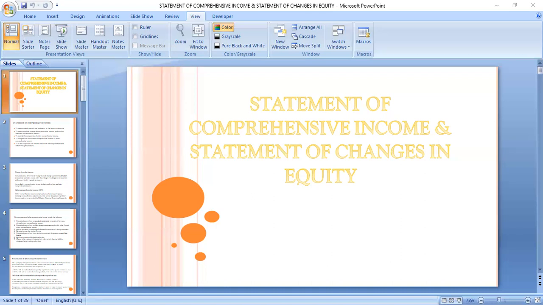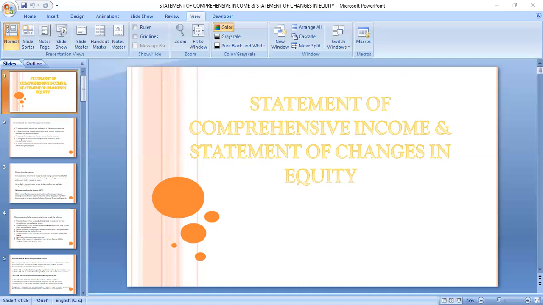Accordingly, comprehensive income includes profit or loss and other comprehensive income. Other comprehensive income comprises items of income and expenses, including reclassification adjustments, that are recognized in profit or loss as required or permitted by the Philippine Financial Reporting Standards.